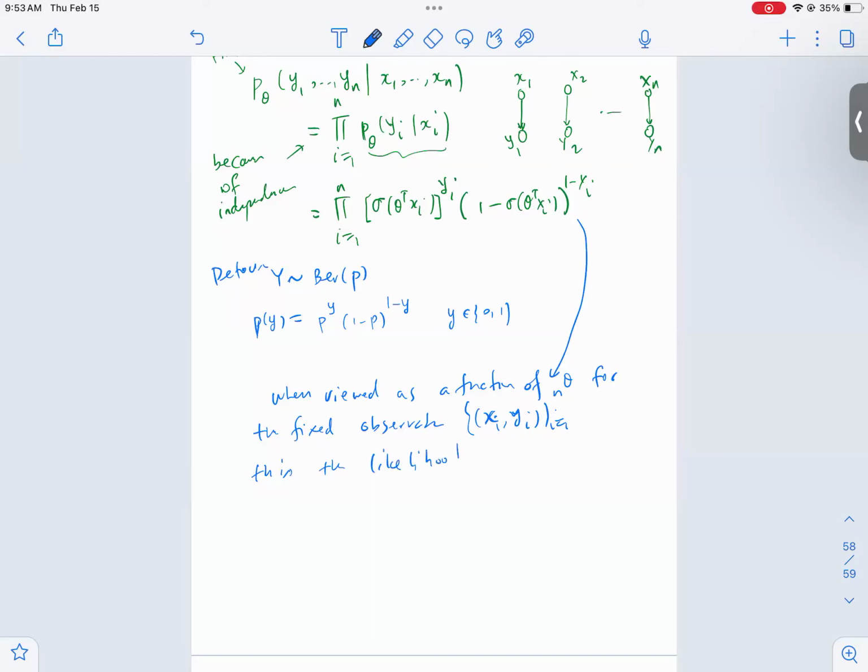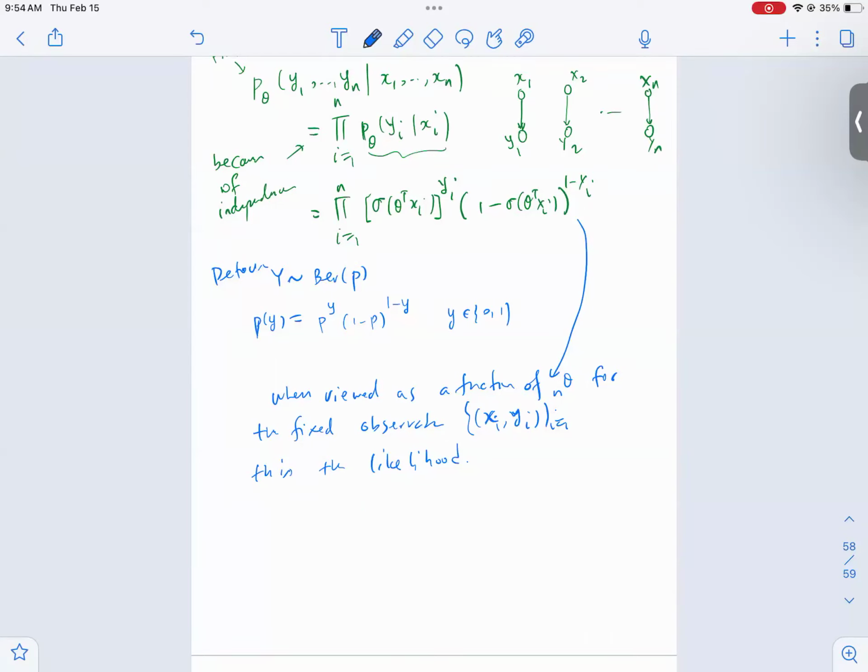Likelihood is very close to the PMF or the density, but it's not the density. The density has a fixed theta and is viewed as a function of y, so it tells me what the probabilities are. I can have multiple yi's; y1 up to yn can take any values, and I can tell you the probability of each observation.